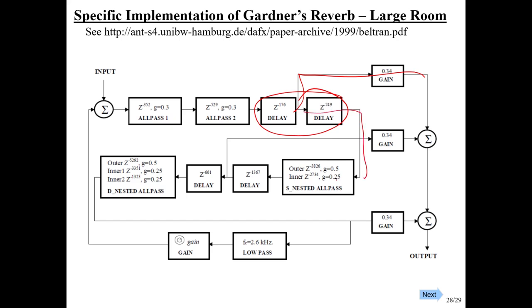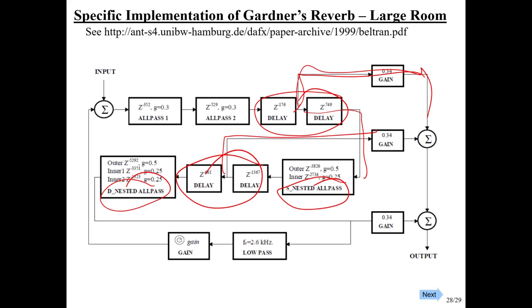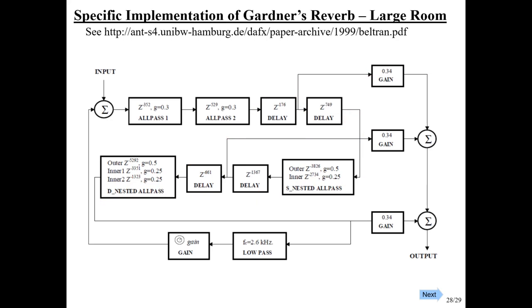Now we come down and hit two nested all-pass filters with some delays in between. And I guess those are just allowing us to pick these things off at particular points in time so that maybe we can adjust the timing of those to sound better. So we've got a cascade of two regular all-pass filters, a cascade of two nested all-pass filters, and you can see, yes, this has an outer and an inner, and this has an outer and an inner one and an inner two.